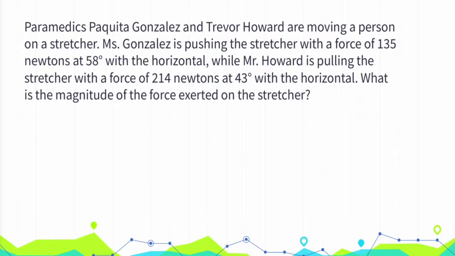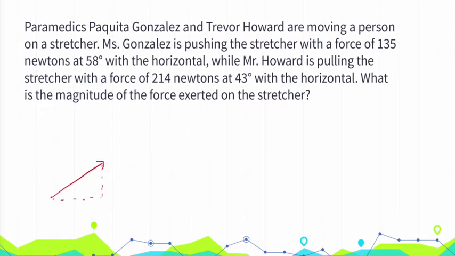So what we need to do is break these vectors down into their components. We're adding these two vectors together, but we don't know what their x and y components are. So we have a vector.